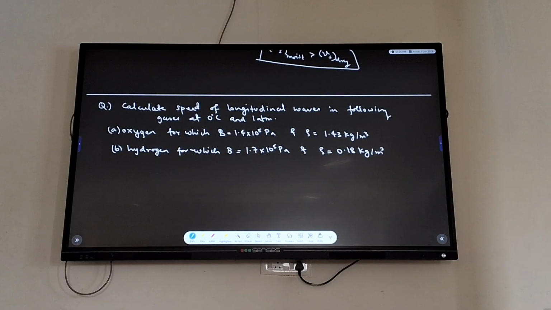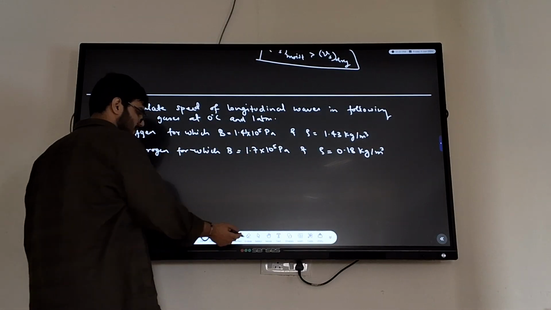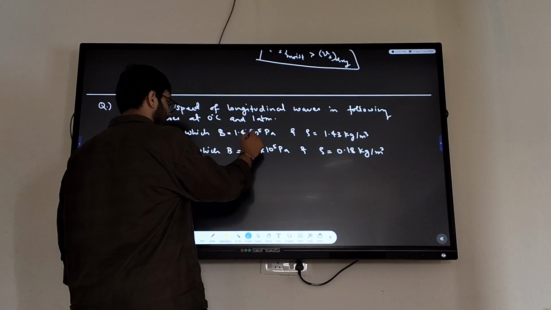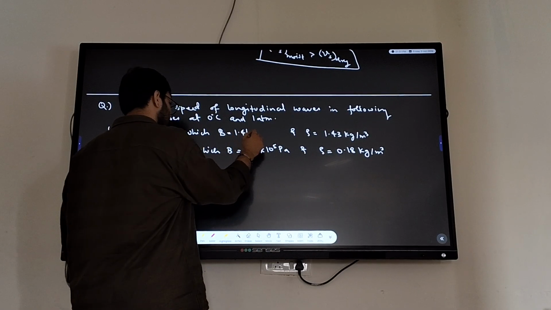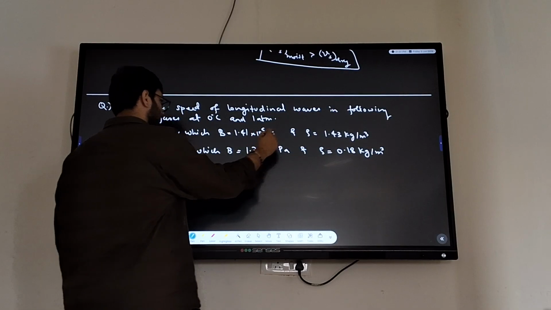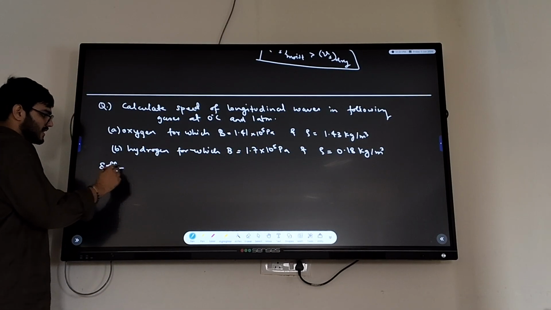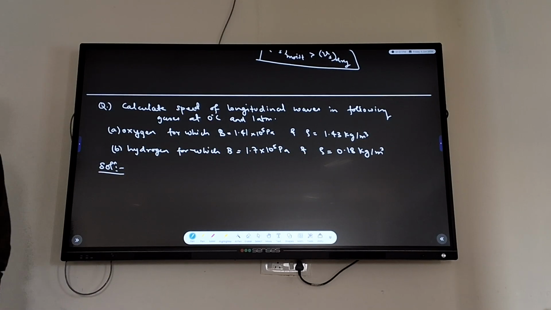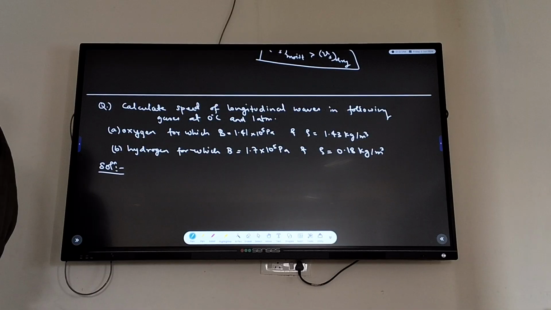Okay, I am doing it. This is 4-1. 4-4-1, okay. Okay, so they are asking about longitudinal waves, they did not specify any sound waves or anything, so don't use gamma P by rho, that's just wrong.